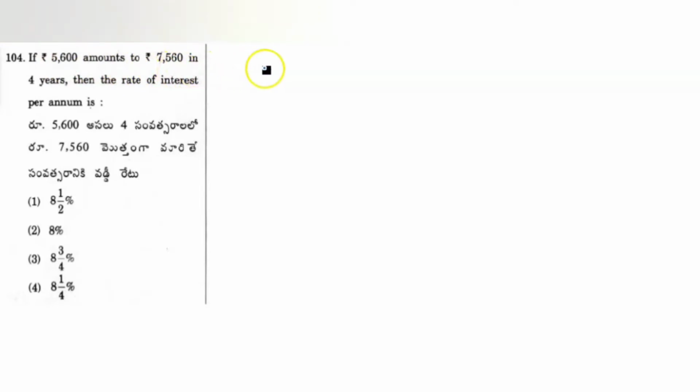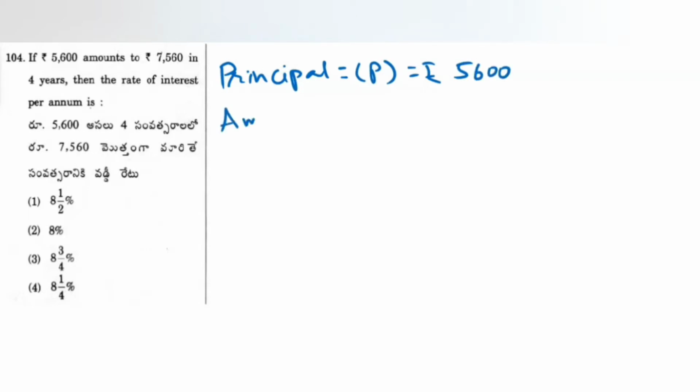That means we have to write principal as P, which is rupees 5,600. Next, it amounts to, means amount is given, the final amount after 4 years. So amount we think of as A, which is rupees 7,560. Now time period is 4 years.